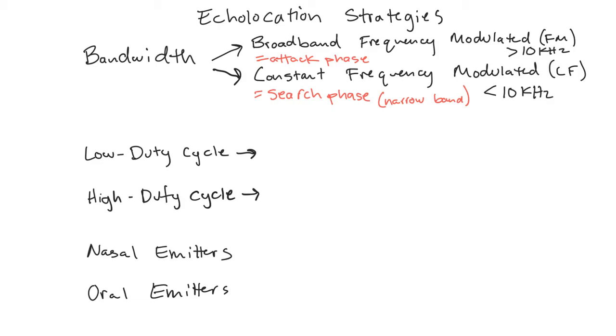So different types of calls and frequencies and wavelengths and all that produce different strategies. Okay, and so I've got a couple things here. A broadband frequency modulated call. So looking at bandwidth, this refers to the range of frequencies that the call makes.